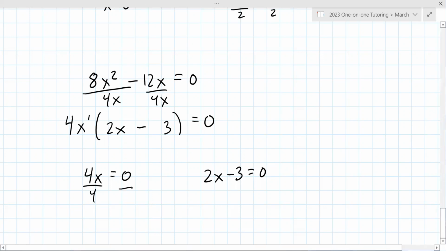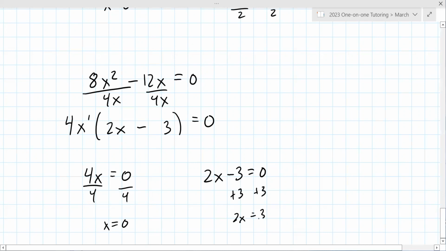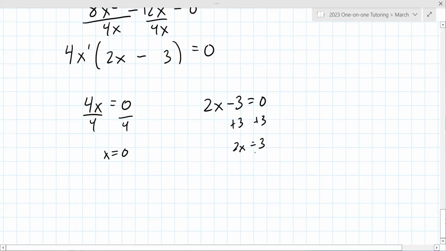So you get x equals 0. And then you add 3. And then you get 2x equals 3. Then you divide by 2. Good. So x equals what? 3/2. 3/2, good.